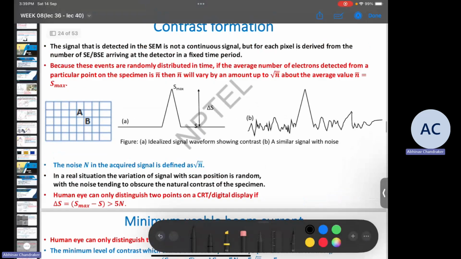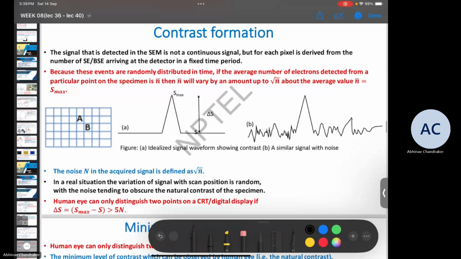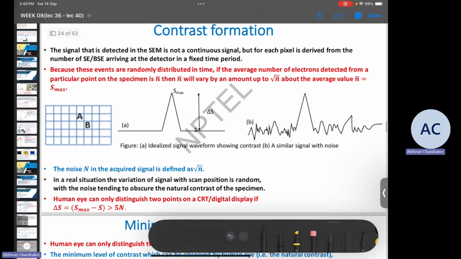Now, when we are talking about contrast, we basically want to eliminate or reduce the effect of noise in our images as much as possible, so that we can get useful information about the specific characteristics of our specimen. So in case of a signal like this, if the number of electrons that is getting detected is n bar, to say that it is an average number, then the square root of it will give the value of noise.